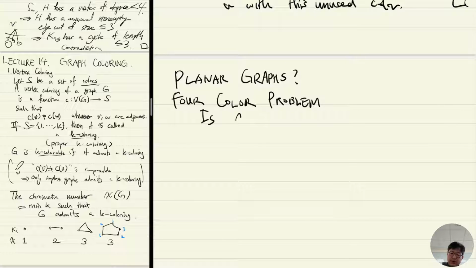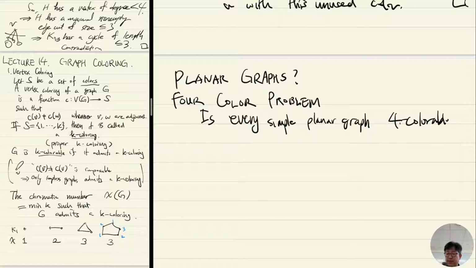Is the chromatic number of every simple planar graph at most four? Is every simple planar graph four colorable? This problem has a long history.